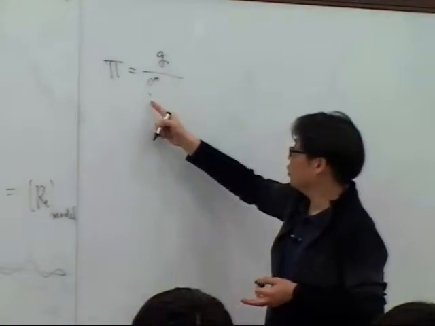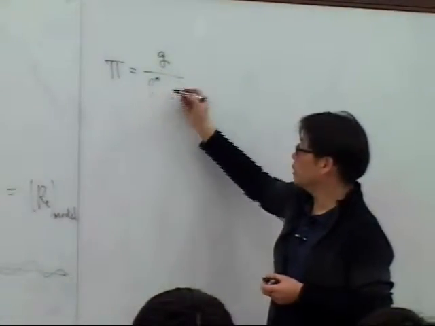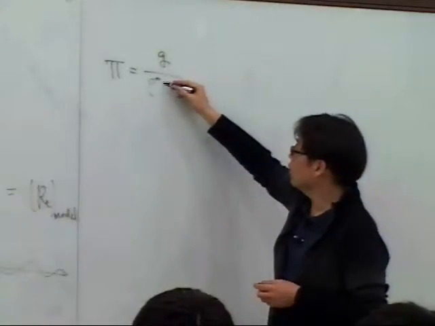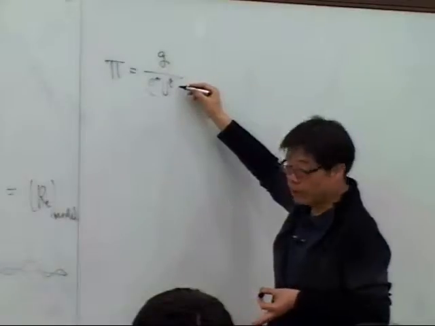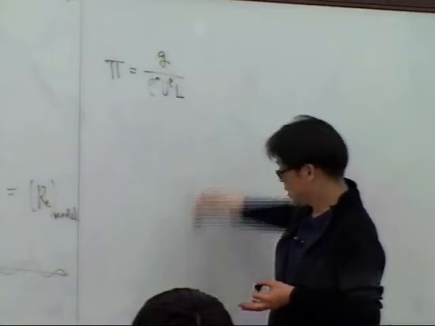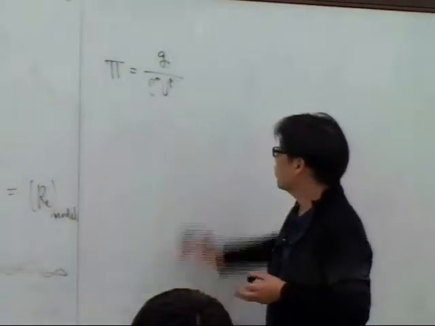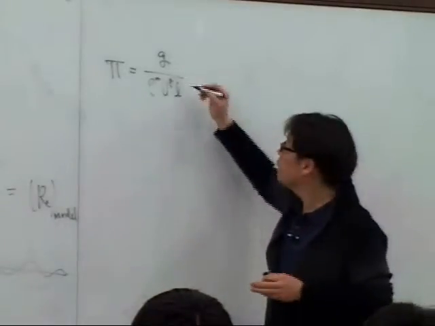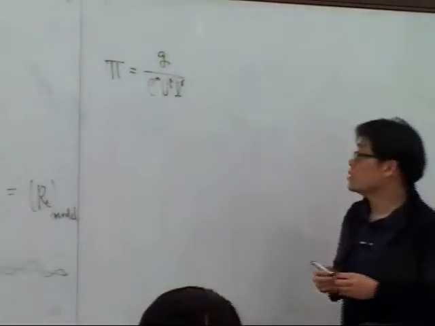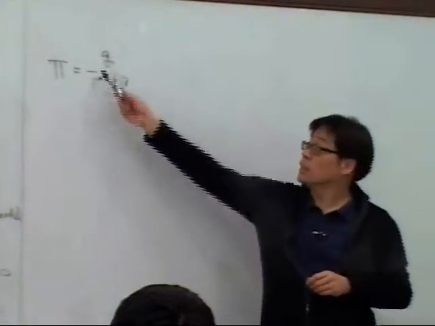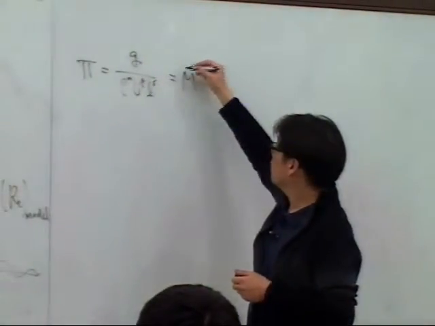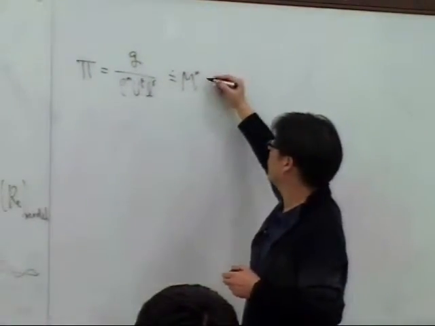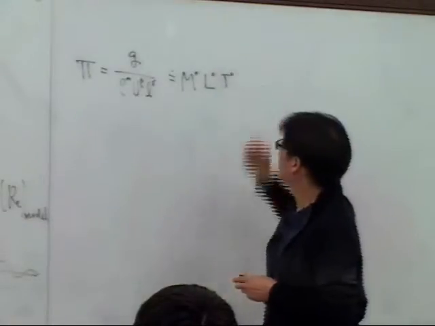So last time, we chose density and velocity, and for example, radius, or this time, length of a ship, as repeating variables. Then we chose alpha, beta, gamma such that this is dimensionless, meaning that the dimension of this pi term would be this, right?